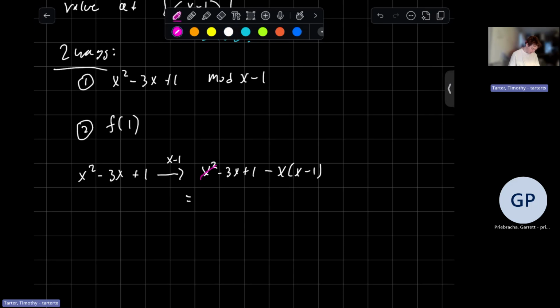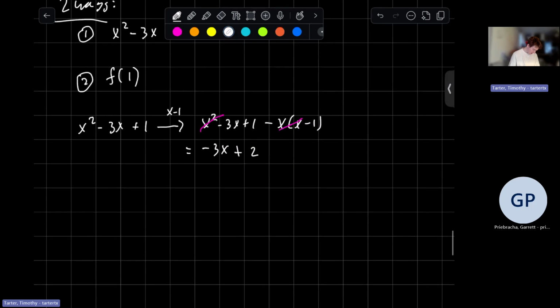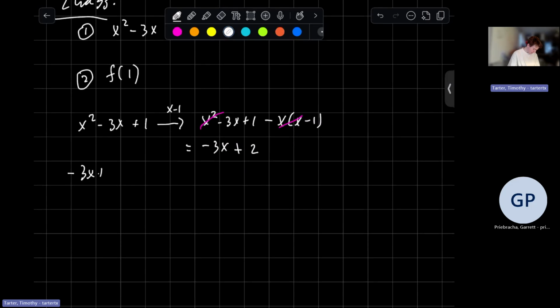Well, x squared goes off, and we get negative 3x plus 2. Then we reduce negative 3x plus 2 by x minus 1.